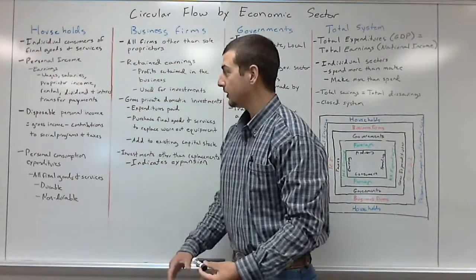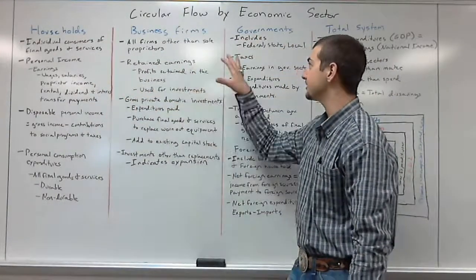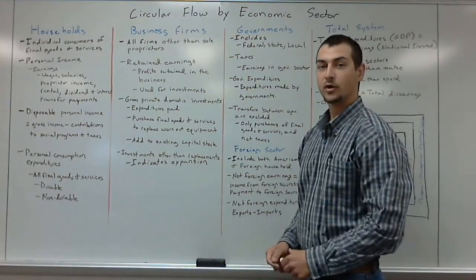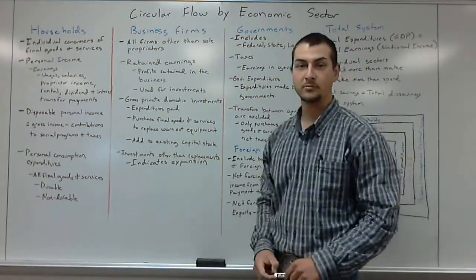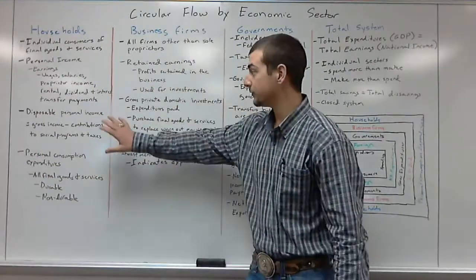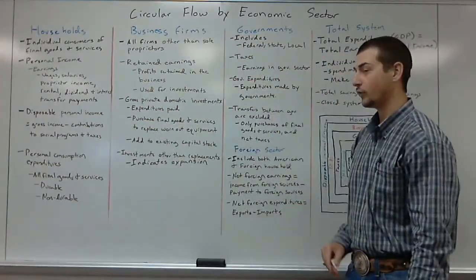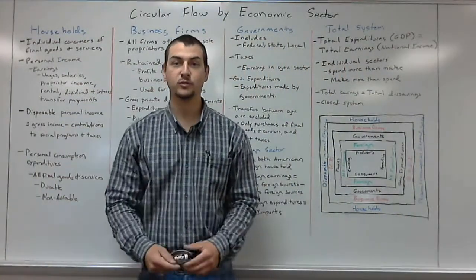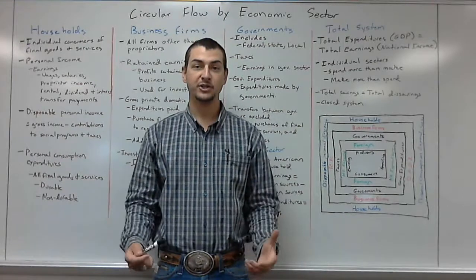If we add up the earnings from households, business, governments, and the foreign sector, all of those earnings together are your national income. All of the expenditures from those sectors, the total expenditures within the nation, are your GDP.